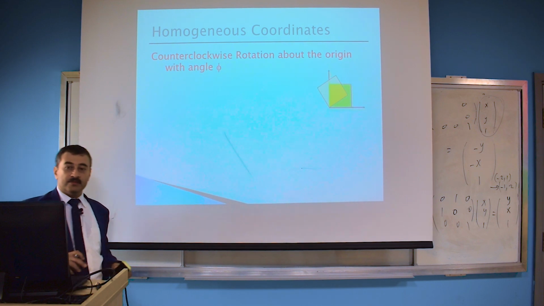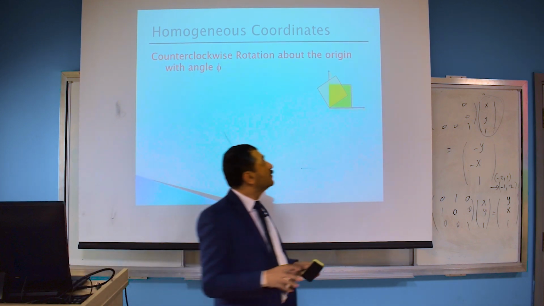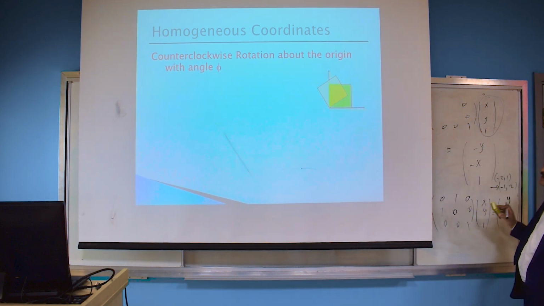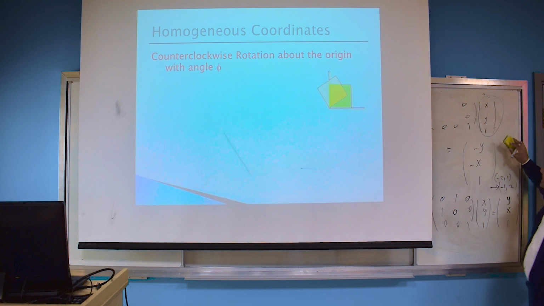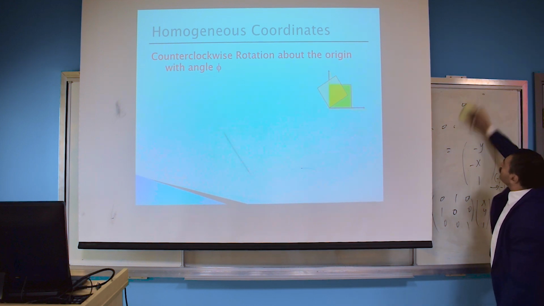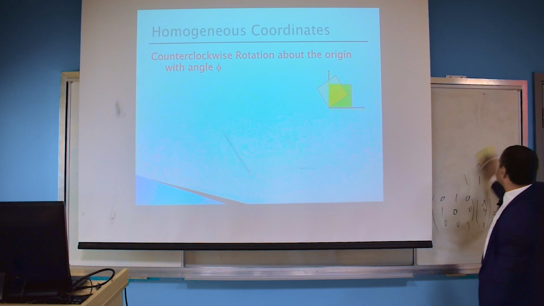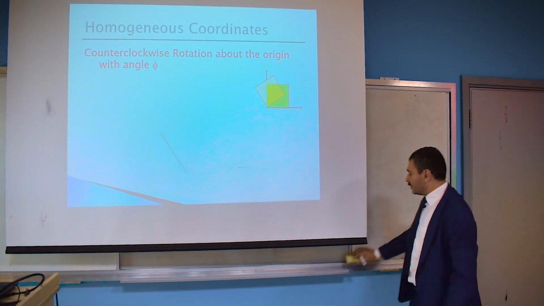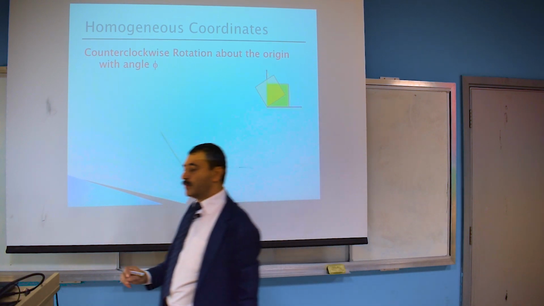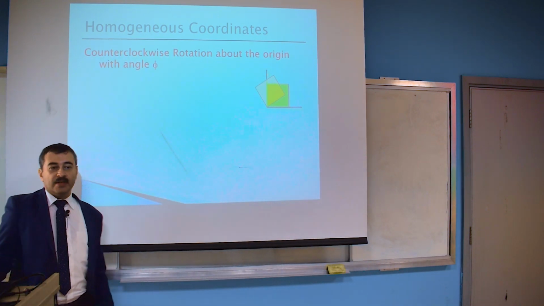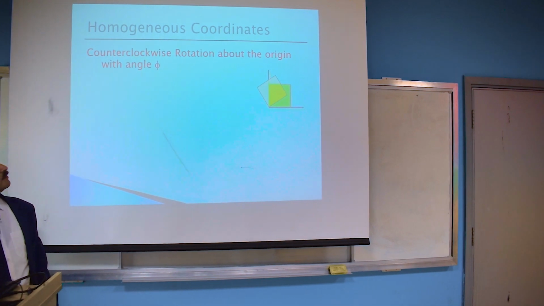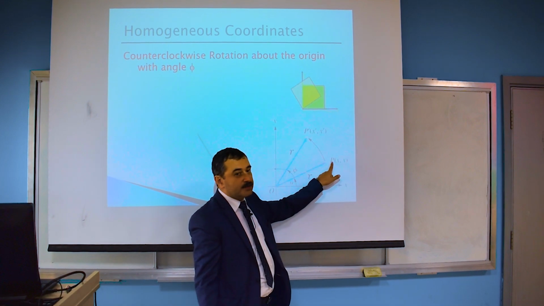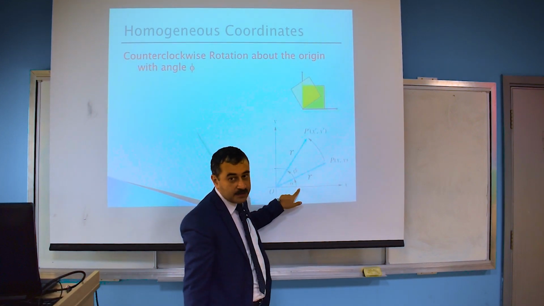What about rotation? We need to do some rotation for the object about the origin by angle phi counterclockwise. The simplest way is to do this through, if you remember, the polar coordinates. So if this is the original point, x and y, you will have here r and angle theta.